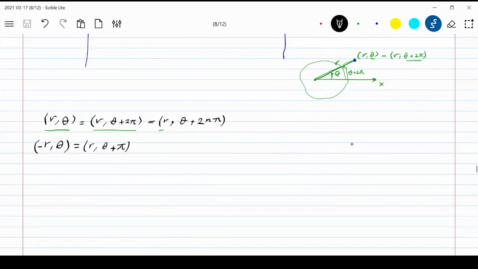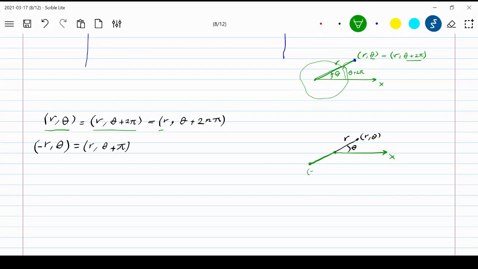On the other side, what if instead of the radius being a positive number, we had a negative radius? Let's assume this is the x-axis again, and here's the origin. If I say the point has radius r and angle theta, this point would be here. On the other side, if I say negative r and theta, it would be exactly the same length on the other side.